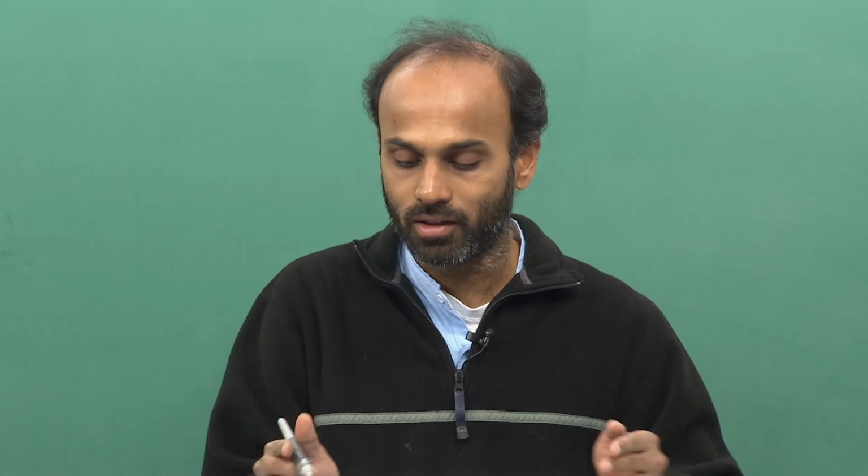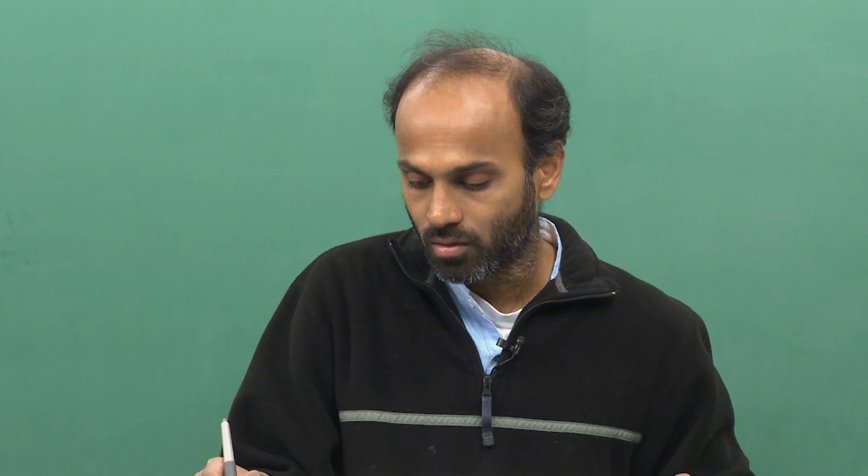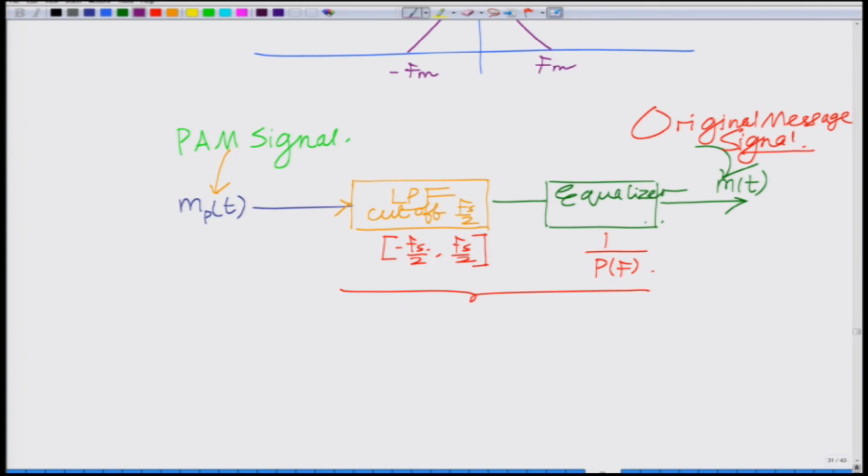And of course, you can combine both these things into a single filter, that is the low pass filter itself. If you design the low pass filter response such that it is 1 over Pf in that frequency band, then naturally you can reconstruct. Alright. But it is easier to think of it in terms of first low pass filtering operation followed by an equalizer operation, although both can be a combined filter. These can be put together because both these things are linear operations.